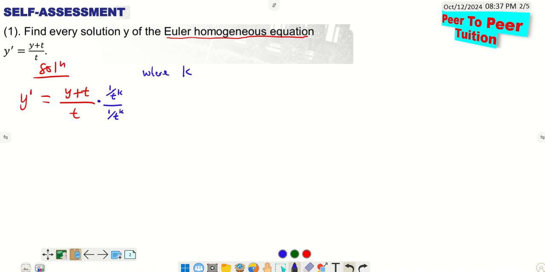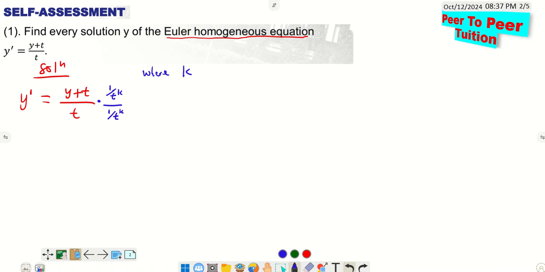We know that it is homogeneous, but the question is of which degree. So we have to look for the degree at which this function is homogeneous.